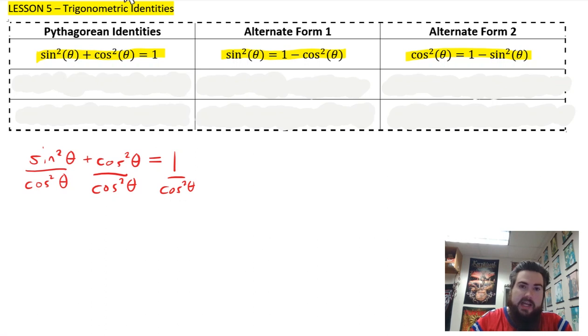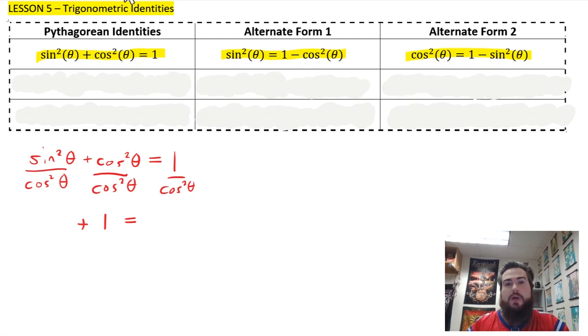That means that the second term on the left side will simply become a 1, but the other two terms we now can change based on the identities established in the previous lesson. Sine squared over cosine squared would be the same as sine divided by cosine taken to the exponent of 2.